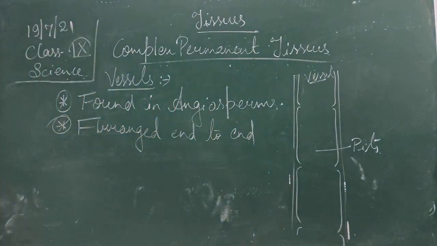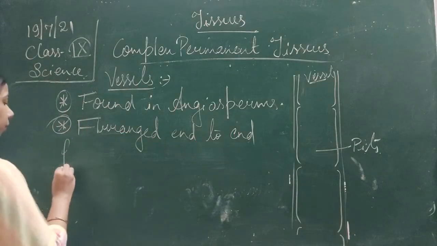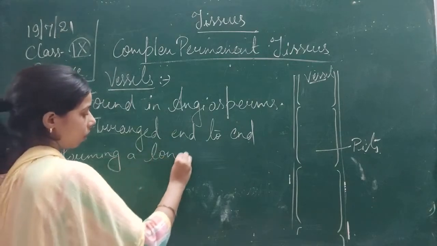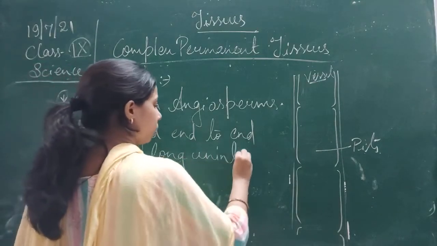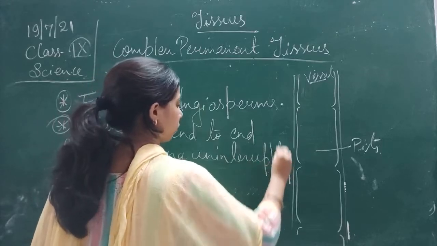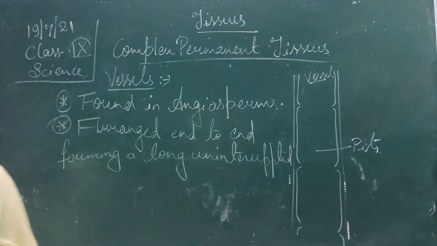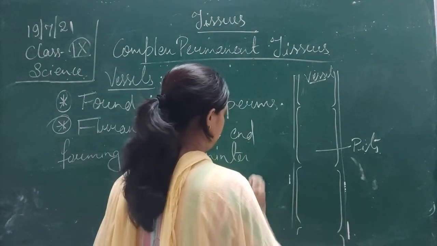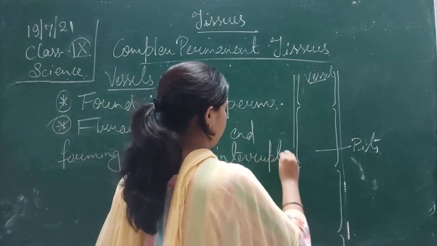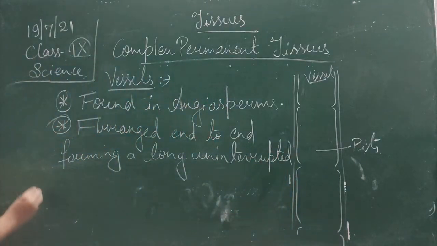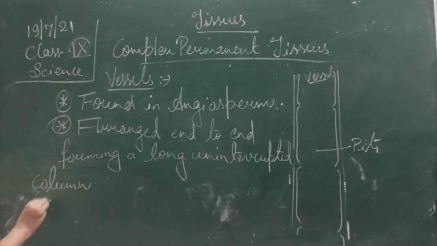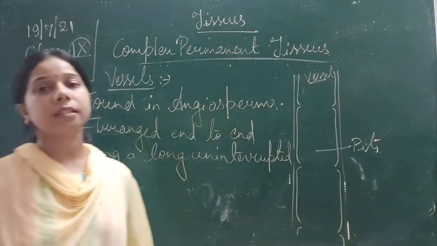Arranged end to end, forming a long, uninterrupted column. Here also, in vessels, the cells become dead at maturity.